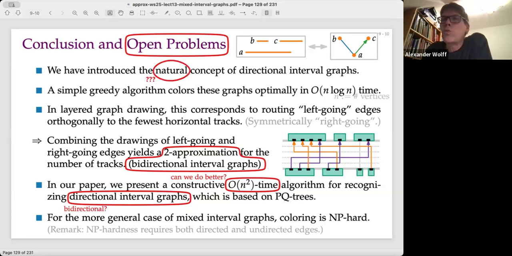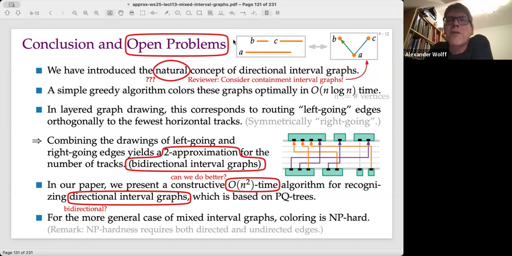Okay. And one of the reviewers of this paper said, well, how natural is this concept of your directional interval graphs? Wouldn't it be much more natural to have a directed edge for containment rather than for overlap? Interesting question, we thought, and we started working on it after a while.